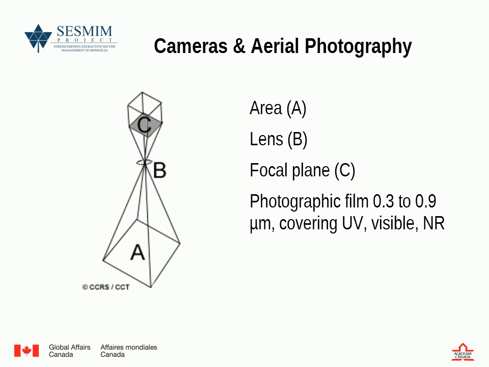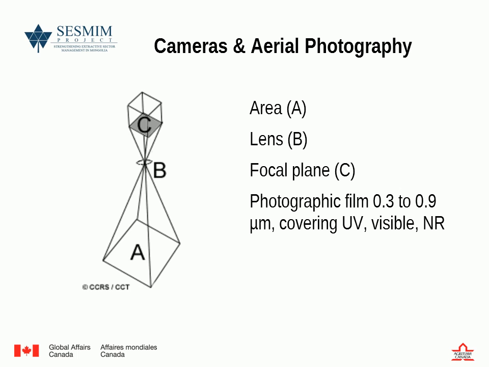So for cameras and aerial photography, basically you have an area A that is given by the lens, the focal length, and the focal plane. I think we talked about the pixel scale, that's the same idea here. So A is captured in C. The more pixels in the sensor C, the better the resolution will be for the ground A, the image you're trying to take.